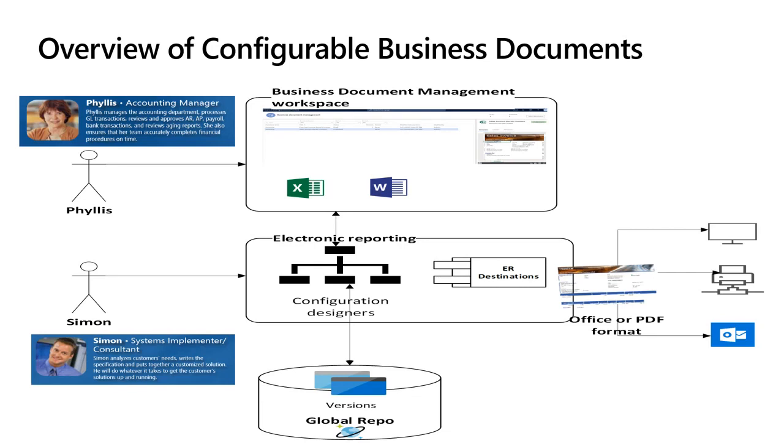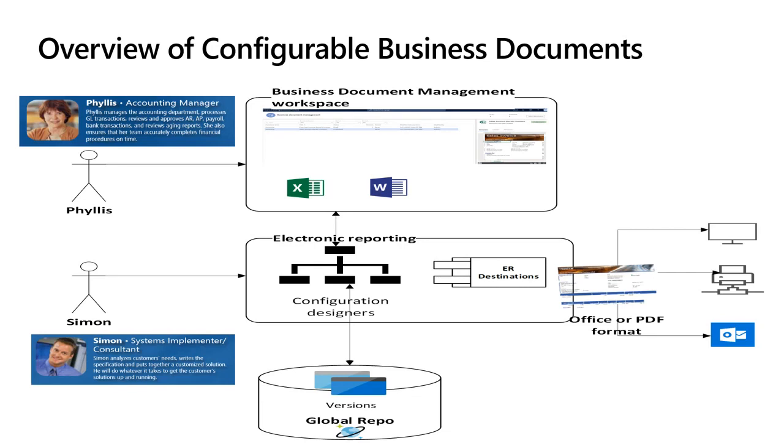This business document management functionality is based on electronic reporting functionality, which has been available in the cloud version of finance and operations from the beginning. It is used for a lot of other things like payment formats, electronic invoices, etc. For this, we have the Simon persona, who is more technical, but still not a developer. He's more like a functional consultant.